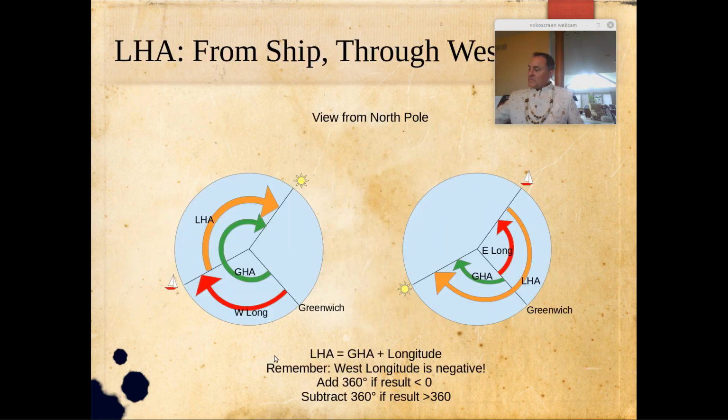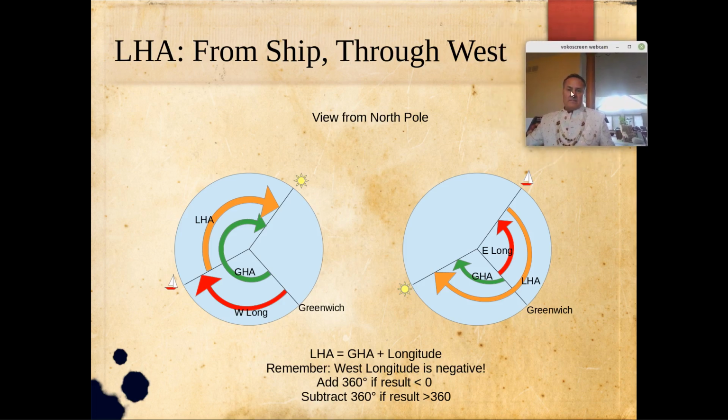So, looking at a top view down from the North Pole, okay, we've got two circumstances. Here we've got the boat located here at some west longitude, meaning a negative longitude from Greenwich, and we've got the sun at some greater Greenwich hour angle, which is positive from Greenwich.